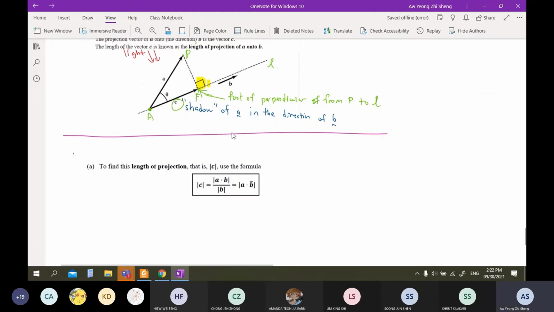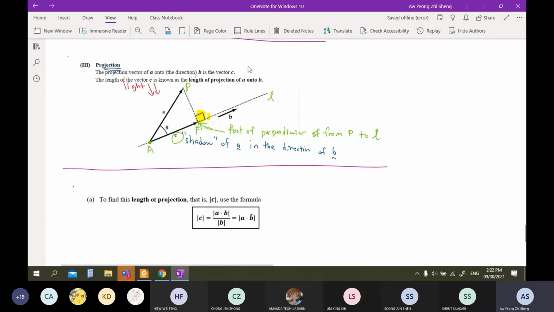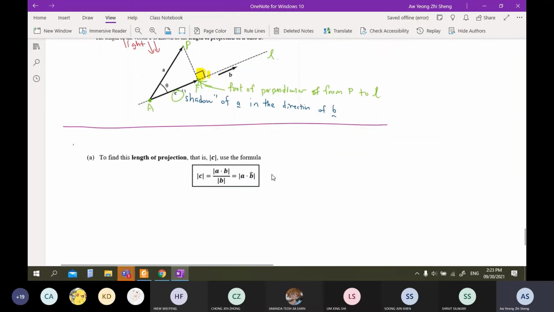Here in the printed diagram, theta is printed to be an acute angle. But this formula also works when theta is obtuse. I'm talking about this box here.